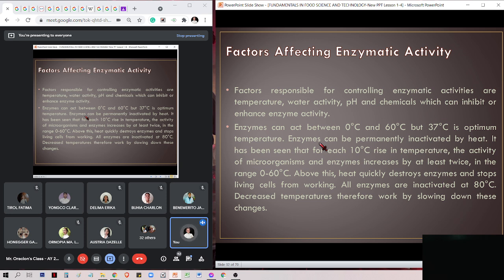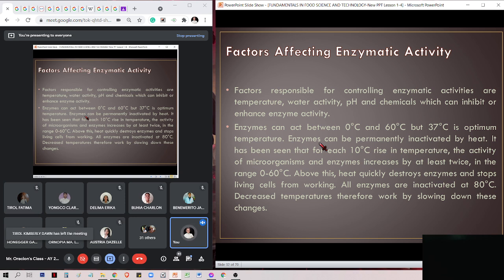Of course, we consider the temperature, the water activity or water level, the pH, that is the acid level, and the chemicals which can inhibit or enhance the enzyme activity. So, we have it here.